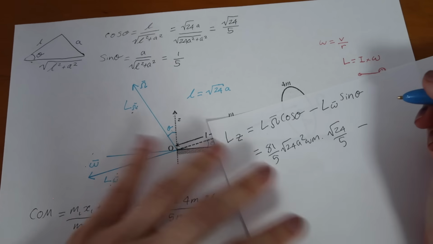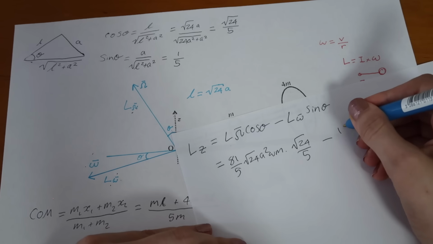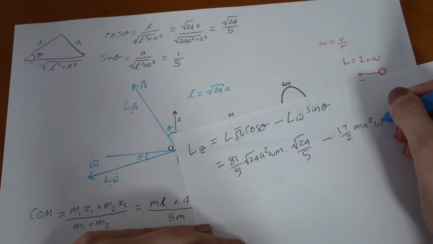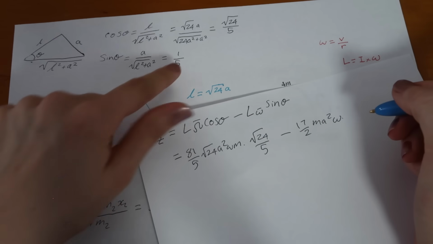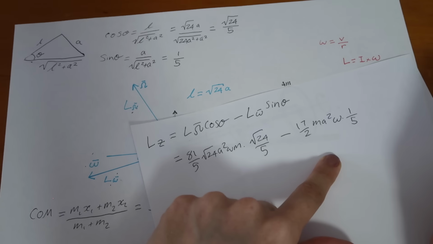Subtract from that the answer to part C, which was 17 over 2 ma squared omega, times it by sine of theta, which we also found out at the start, 1/5.